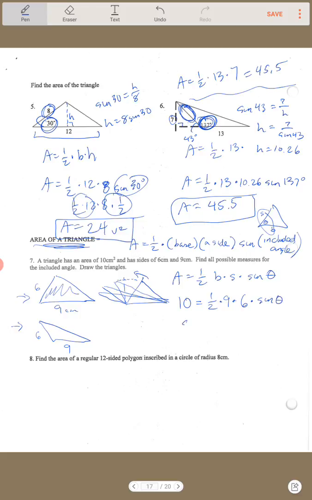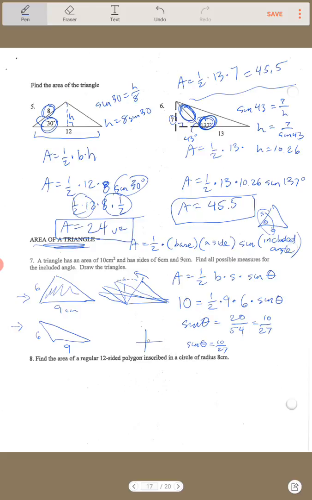If we solve for sine of theta, let's multiply by 2, we get 20. Divide that by 9 times 6, which is 54, or that's the same as 10 over 27. So we're saying sine of theta equals 10 over 27.